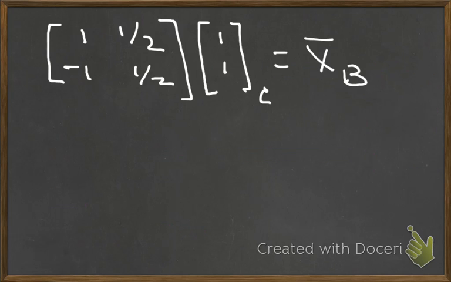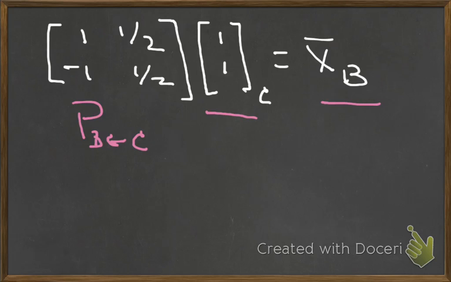Now we're ready to multiply and see what happens. We're going to take our matrix P that takes me from C to B, multiply it by a vector written in terms of C, and that should give us our output written in terms of B. So let's do that now.